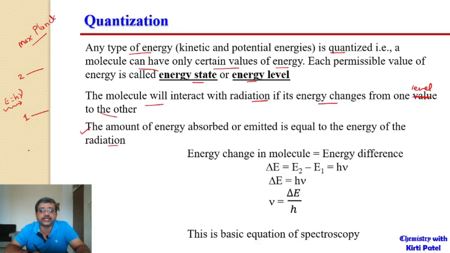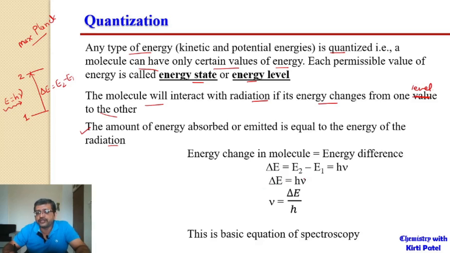As we saw earlier, this E equals h nu is the energy of the radiation. So the change in energy of the molecule will be equal to the energy difference between the two levels, that is delta E equals E2 minus E1. When it absorbs this radiation, this delta E will be exactly equal to h nu.